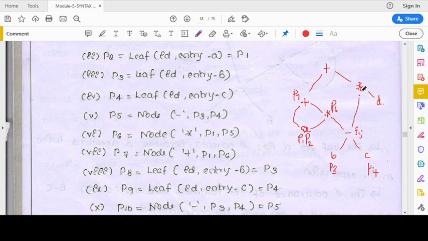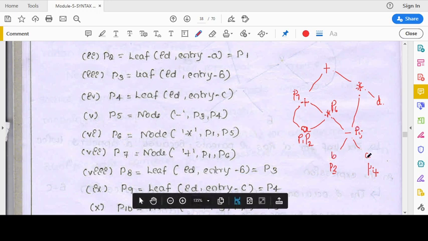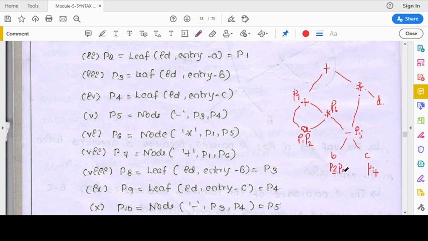Next case, left child of this star is P5, and before going to it, I have another case of B minus C, right? So this B is again taken with the entry. So this is P8, which is equal to P3.